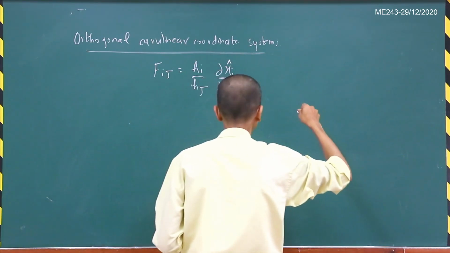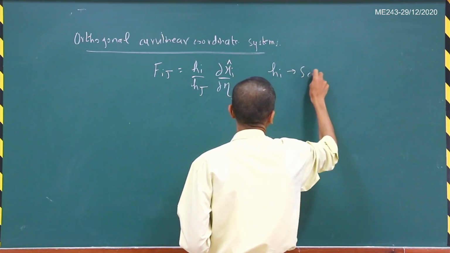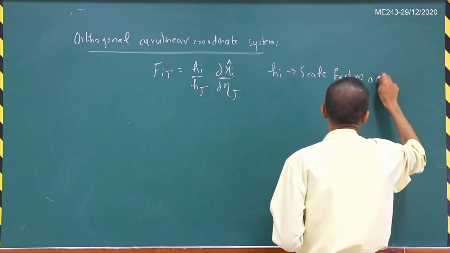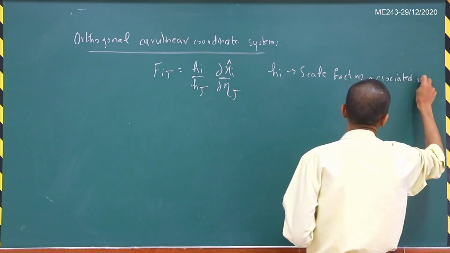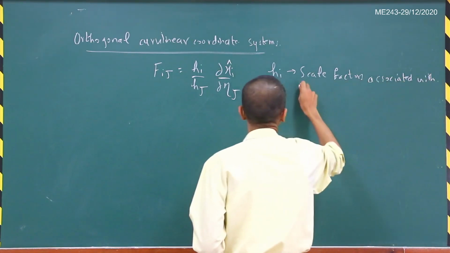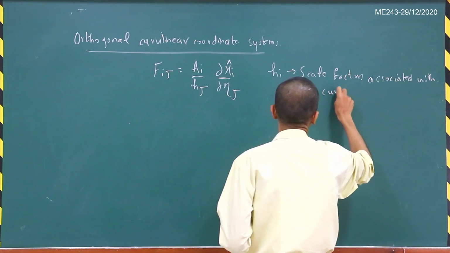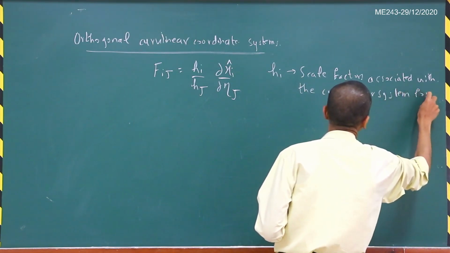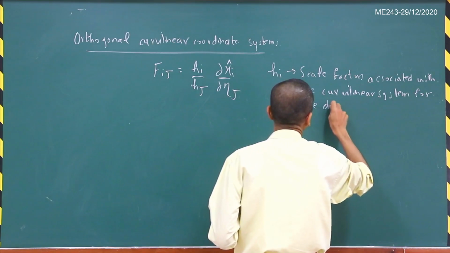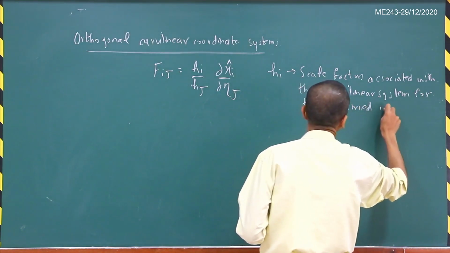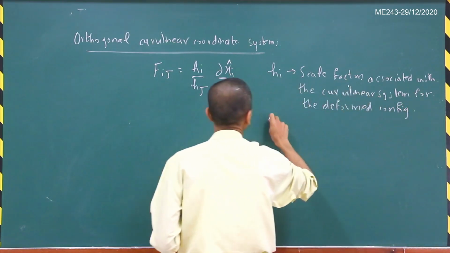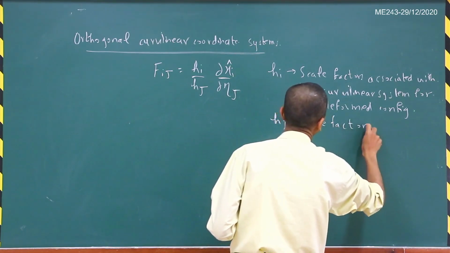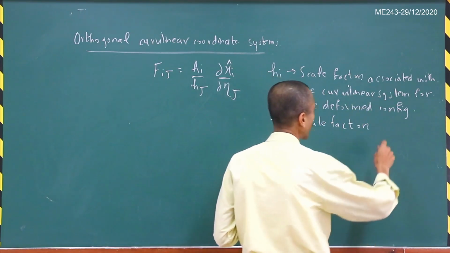So here Hi are the scale factors associated with the curvilinear coordinate system for the deformed configuration, and Hj are the scale factors for the curvilinear coordinate system for the reference configuration.